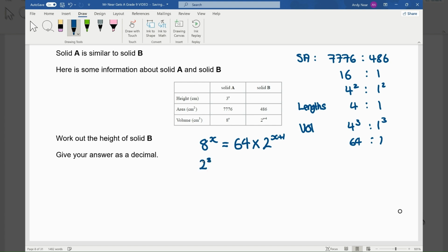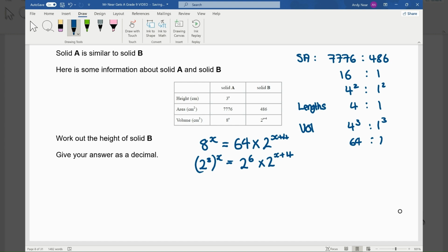So this is 2 cubed to the power of x, and 64 is 2 to the power of 6: 2, 4, 8, 16, 32, 64, times 2 to the power of x plus 1. The 1, sorry, should be a 4, just misread it off here.